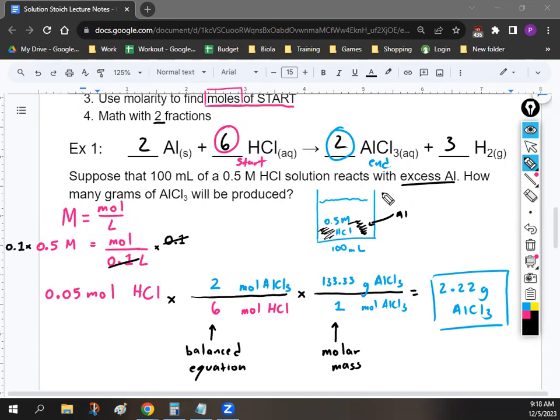This solution is going to create 2.22 grams of AlCl3. That's pretty much what it's telling us. You have this solution of HCl, you put aluminum inside of it, and it's going to turn into a different compound, specifically 2.22 grams of AlCl3.